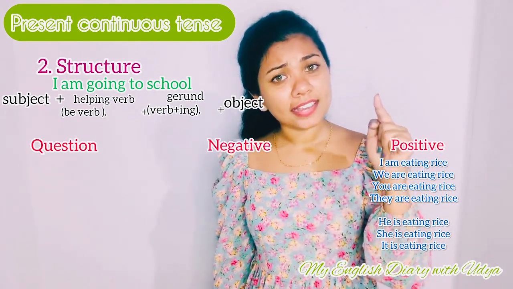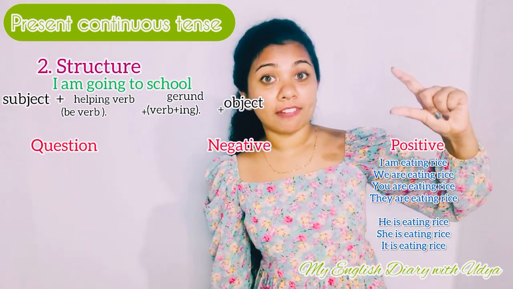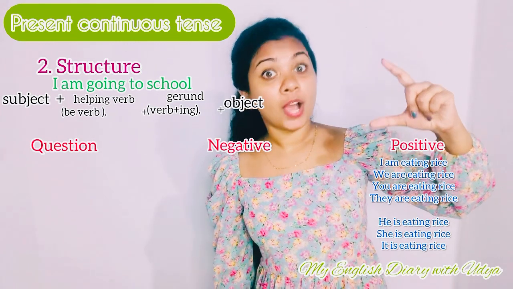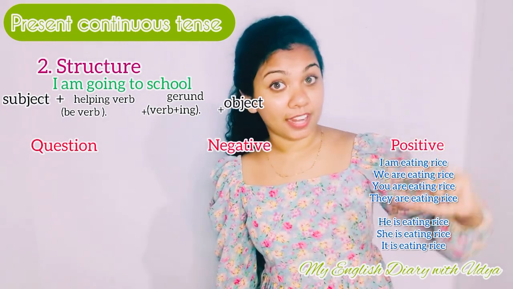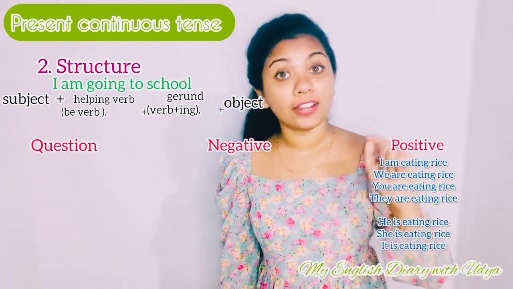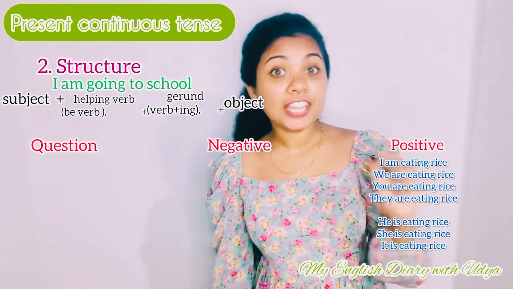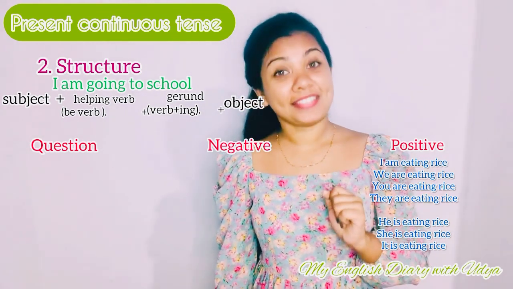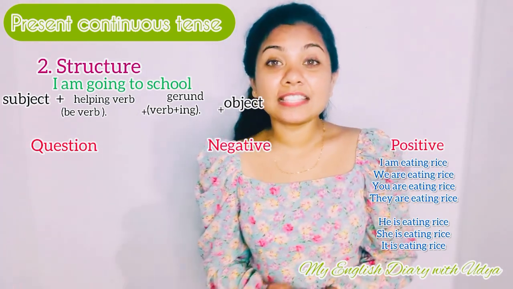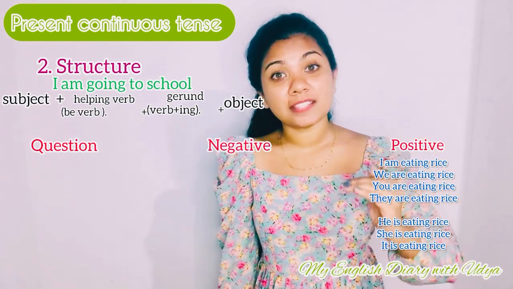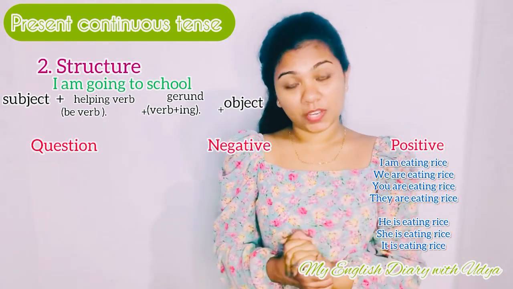Have you seen that? I have used are with plural ones. Plural means more than one. Then is with singular ones, which means only one. He is eating rice. She is eating rice. It is eating rice. This is the way we express present continuous tense in the positive situation.